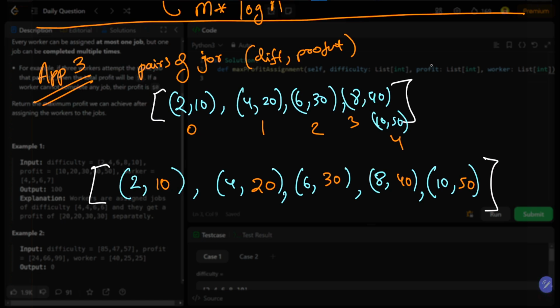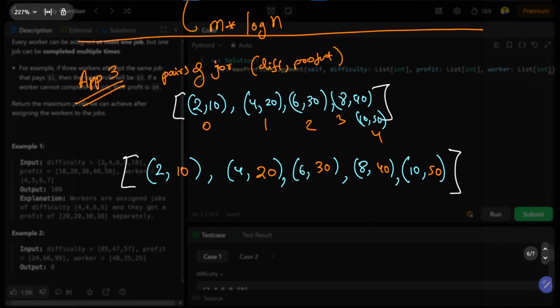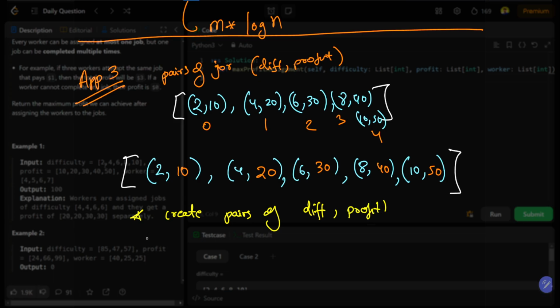So what I can do is create pairs of difficulty level, comma, profit. Okay, I can sort them, sort based on difficulty level. Then I can use binary search.